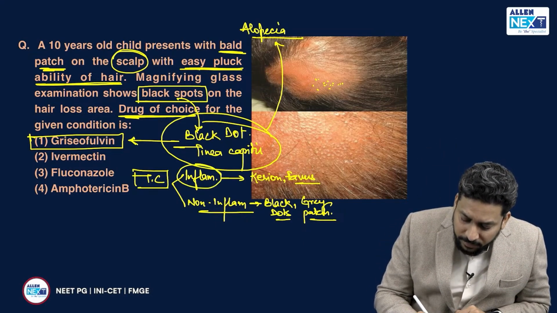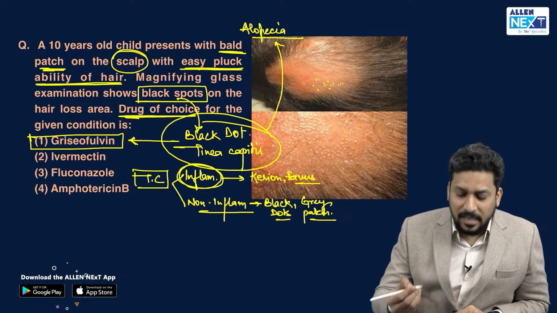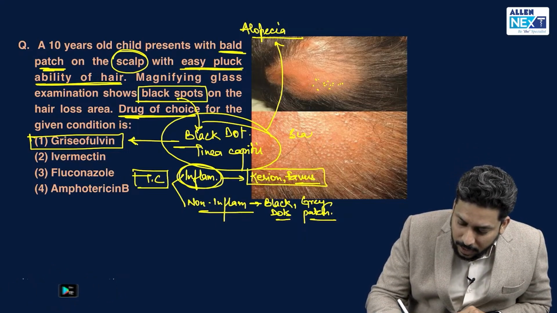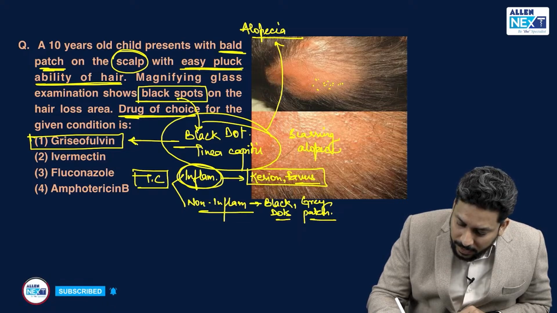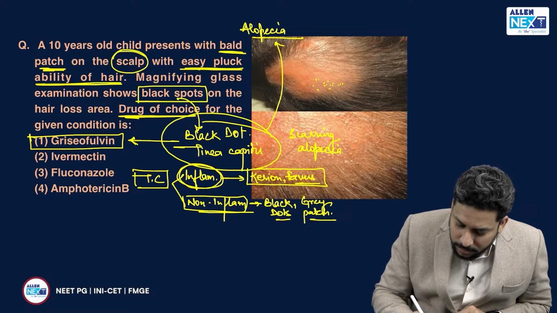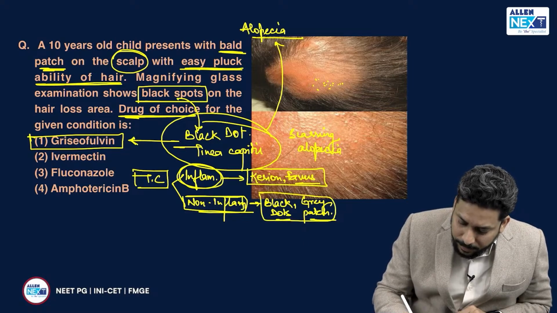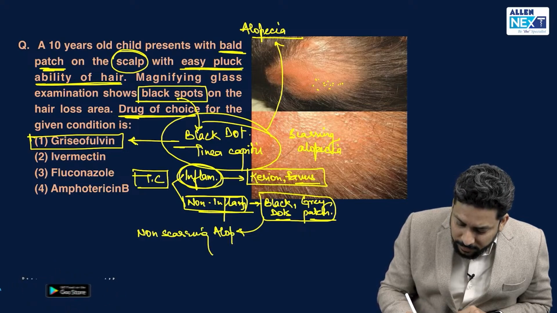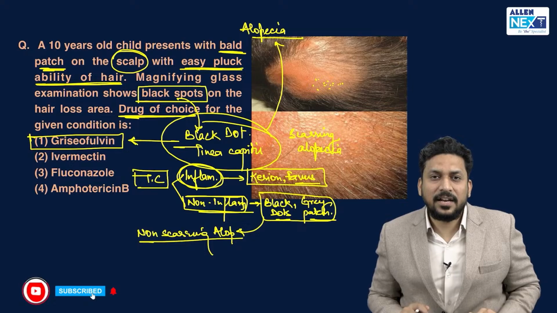Because there is a lot of inflammation here, there can be scarring. So these two are example of scarring alopecia. While here there is no inflammation, so these two are example of non-scarring alopecia. So if you recall, just now we discussed all the examples of non-scarring alopecia.